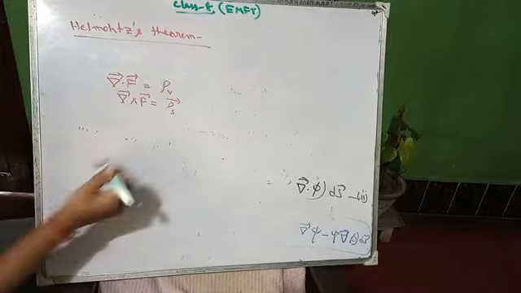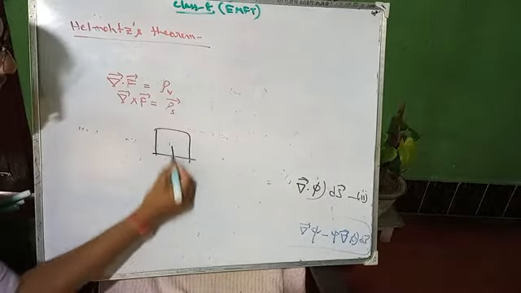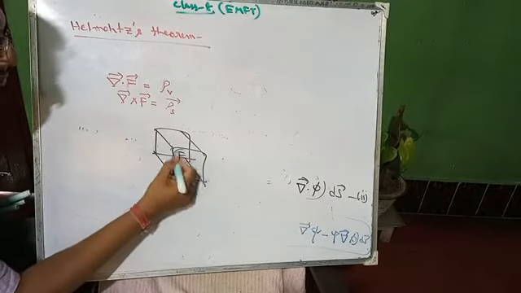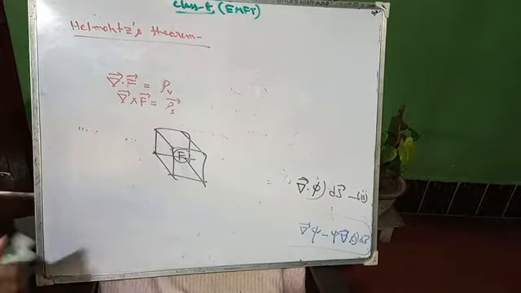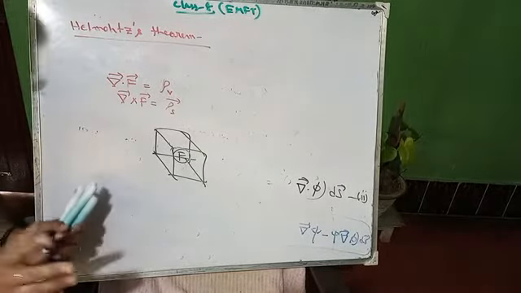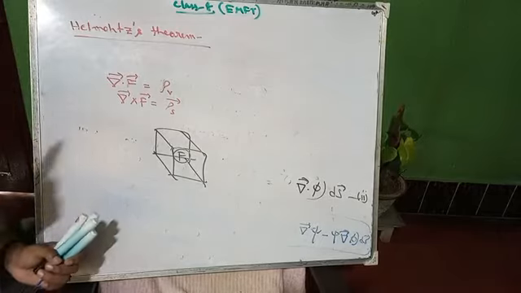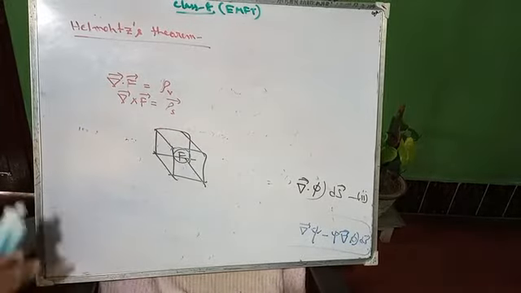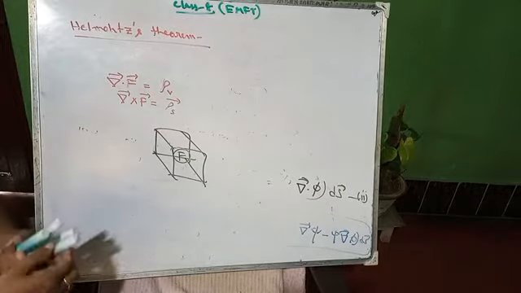Suppose this room contains a vector F. This vector has two types of effect. One is diverging and the second one is rotating. The first one is diverging in nature, so forces can be diverging. What do we mean by diverging?